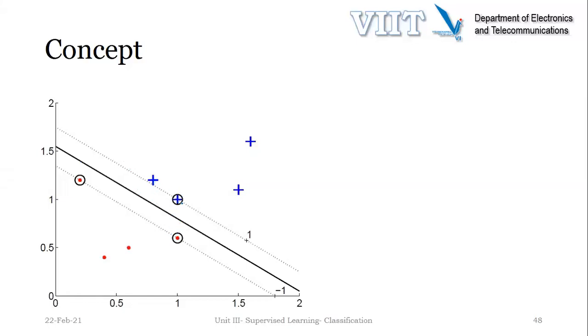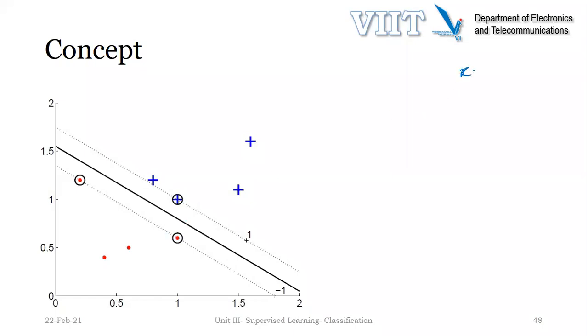They are the closest points, and how are they closest? Such that the margin is +1 and -1. So the margin is properly maintained. Such sample points, such data points are called support vectors.